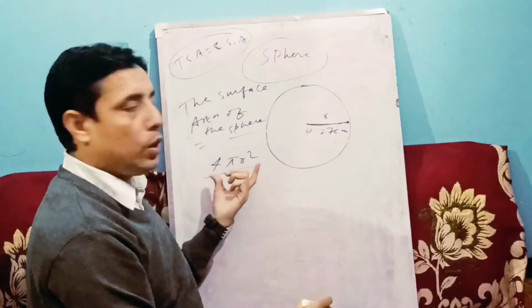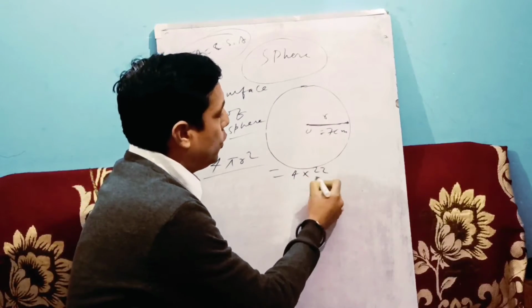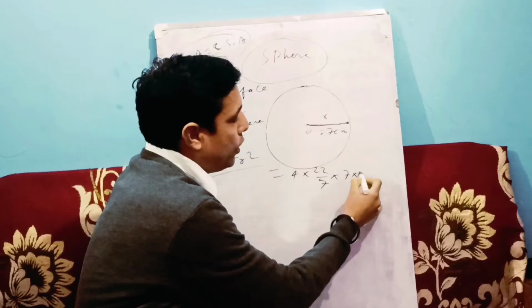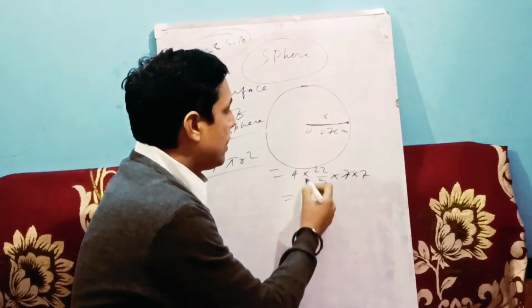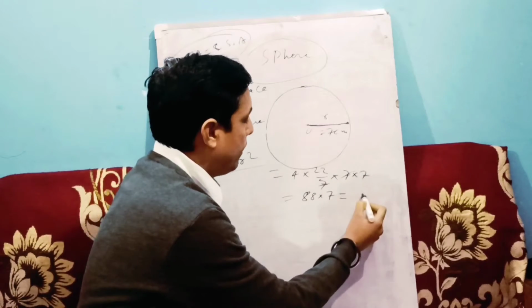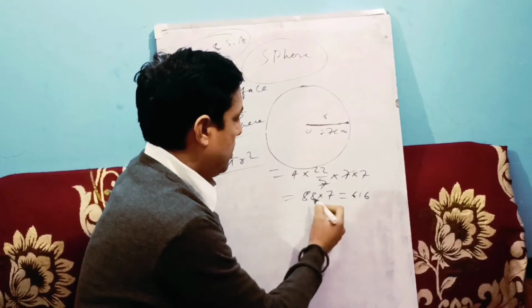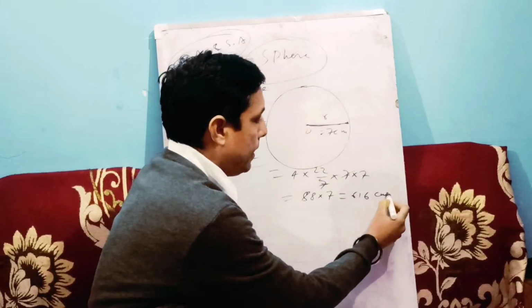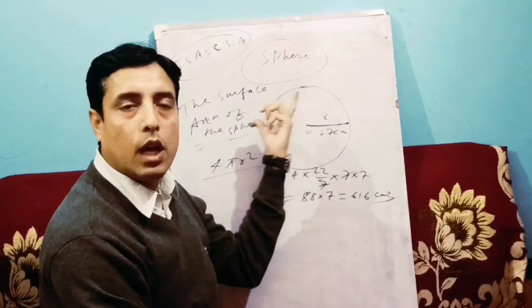Then to calculate the area of this sphere, you calculate 4 into 22 by 7 into 7 into 7. Cutting the 7, now it is 88 into 7, which is 616 centimeter square. This is how you calculate the area of the sphere.